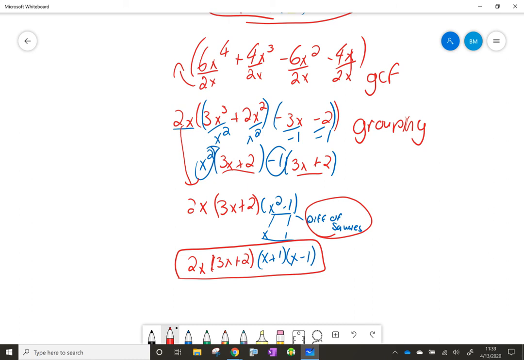So it's a lot, but I think we already know GCF and grouping pretty well because we've already done that in previous weeks. Difference of squares is the only new thing about this problem, but it's not a very difficult one in my opinion, because you just take the square roots and you just pair them together as a plus and a minus, x plus 1, x minus 1. It's not very exhaustive, okay, in my opinion.